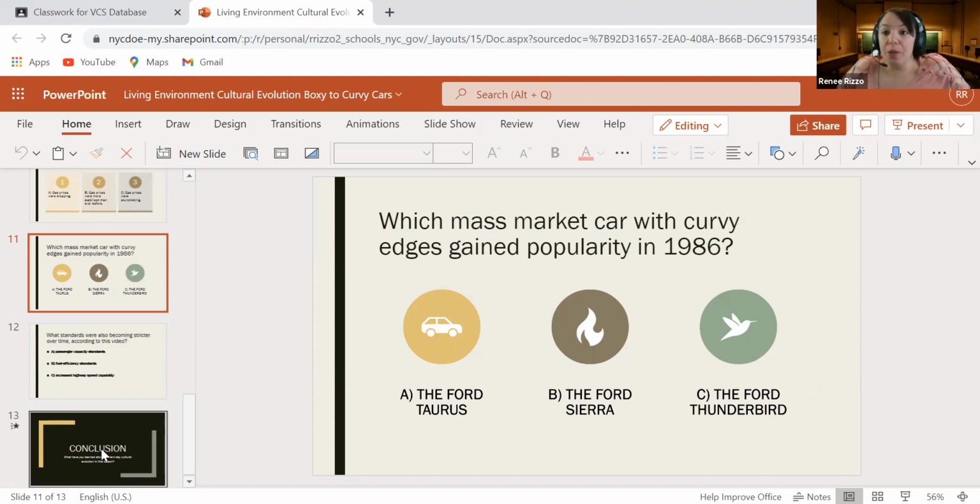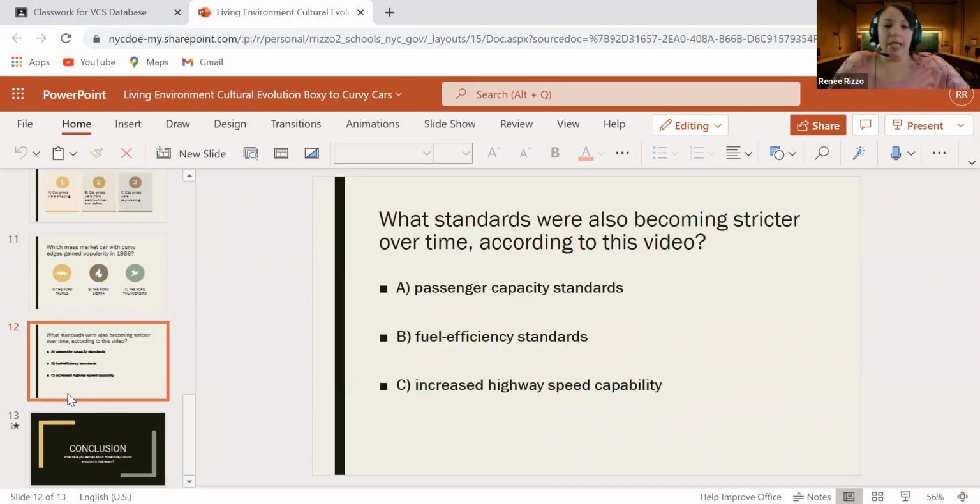This can be a little bit challenging for your students because all three cars were discussed at different portions of the video. But the correct answer is A, the Ford Taurus. And this was the first car for general consumers, not the more upscale consumers, that became very popular in that year.